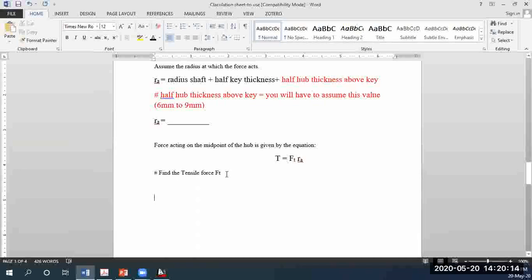Similar to the key analysis, this is what you will be doing.